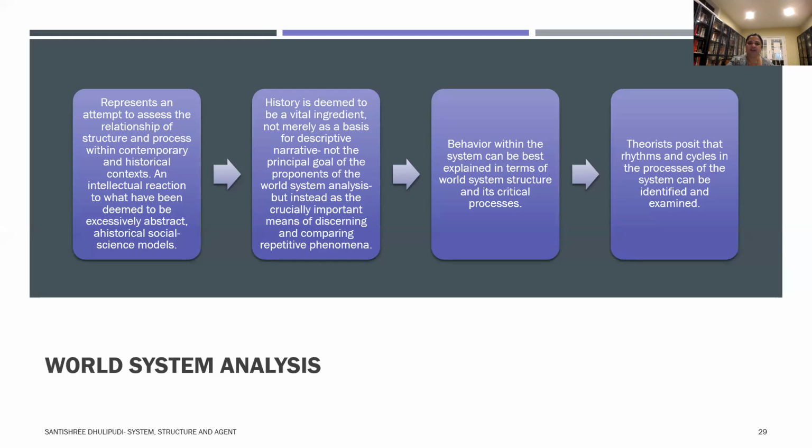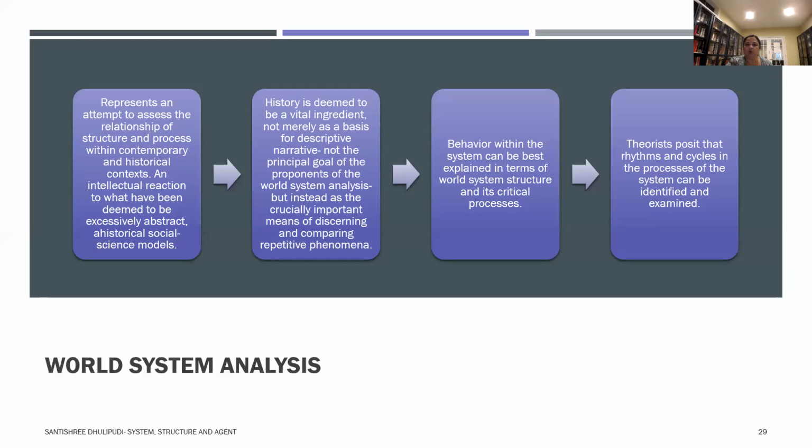So if you see clearly, world systems analysis is an attempt to assess the relationship of structure and process in contemporary and historical context, an intellectual reaction to what have been deemed excessively abstract or ahistorical social science models.